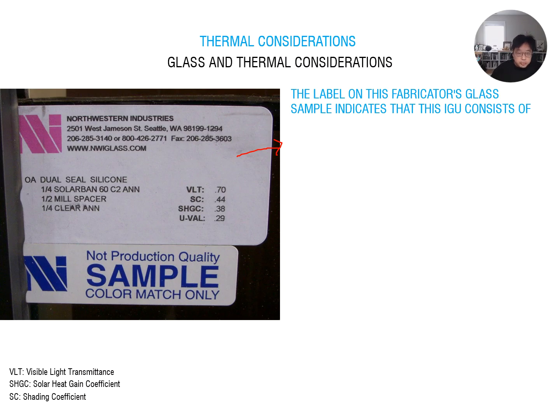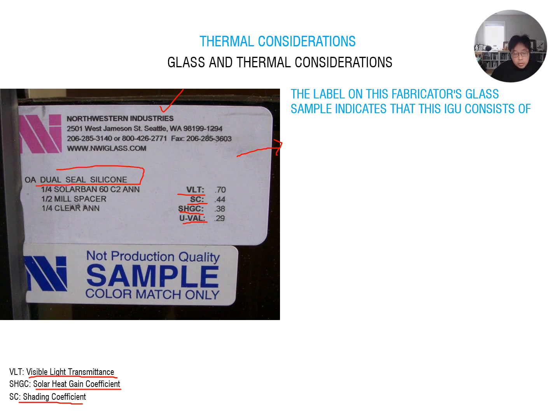Because the VLT is the visible light transmittance, SC is the shading coefficient, SHGC is the solar heat gain coefficient, and U-value. You can simply find these from the previous table, and you understand what all of these mean.